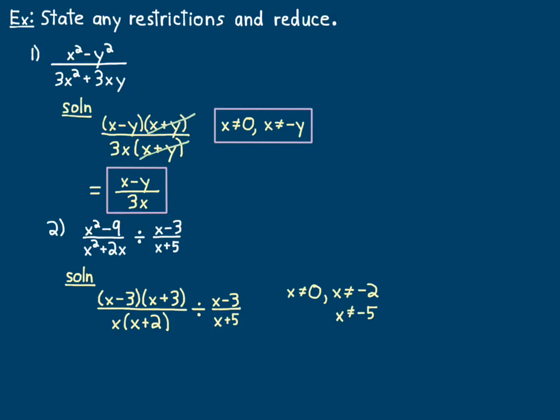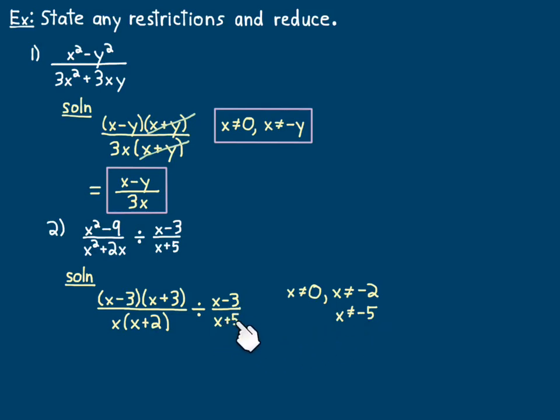So I get x is not equal to 0 from here. X is not equal to negative 2 from here. Again, it's just you can't divide by 0. And x cannot equal negative 5 from here. If I flipped this upside down and multiplied without thinking about this, I would miss my restriction, x is not equal to negative 5.